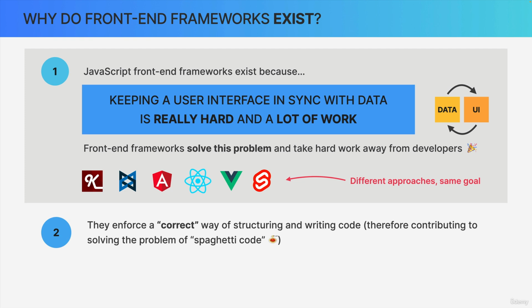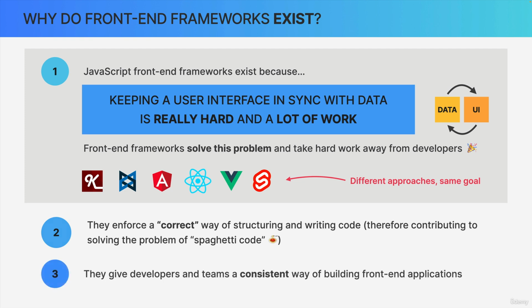Finally, frameworks give developers and especially teams, a consistent way of building web applications. This way, everyone on the team will build their part of the app in the exact same style as everyone else, which will, in the end, create a more consistent codebase and product. And there you go. This is why modern web development is all about JavaScript frameworks.